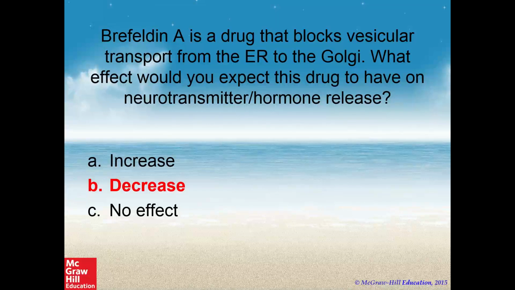Yeah. If you decrease vesicular transport in any part of that protein synthesis pathway, you're going to reduce the release of whatever the product was, whether it was a neurotransmitter or a hormone.